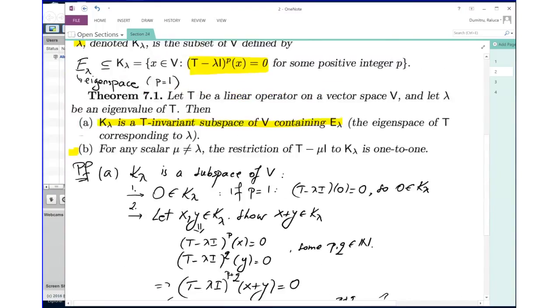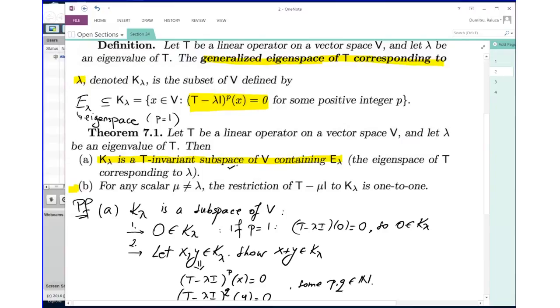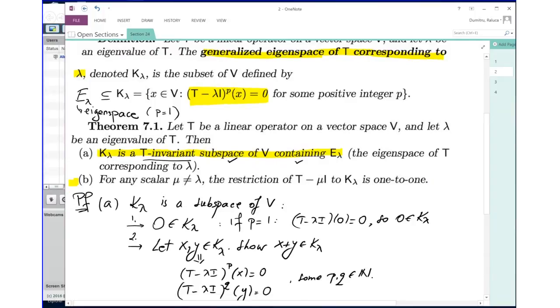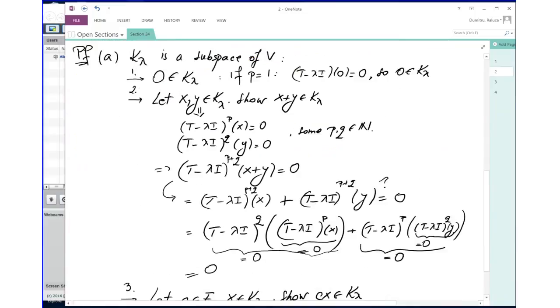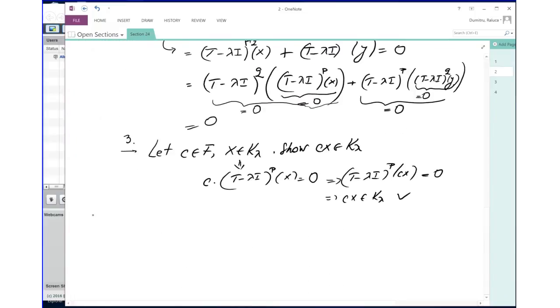All right, what else do we need here? It's a subspace. We've seen that it contains E lambda. It's also claimed to be T invariant, so let's look into that. So you start with an x in there.